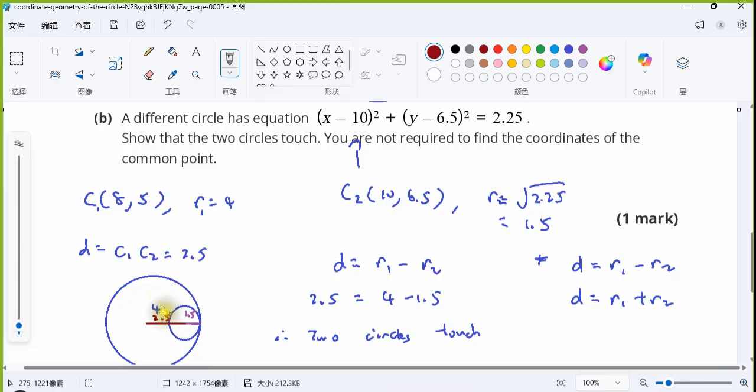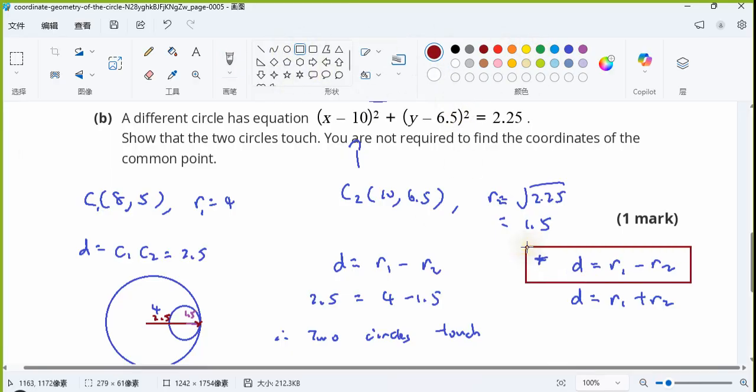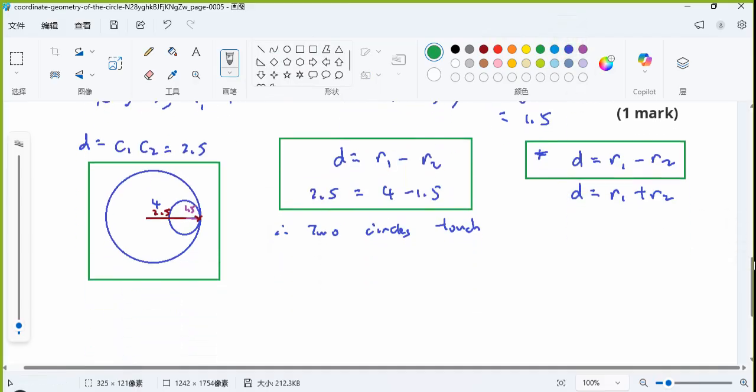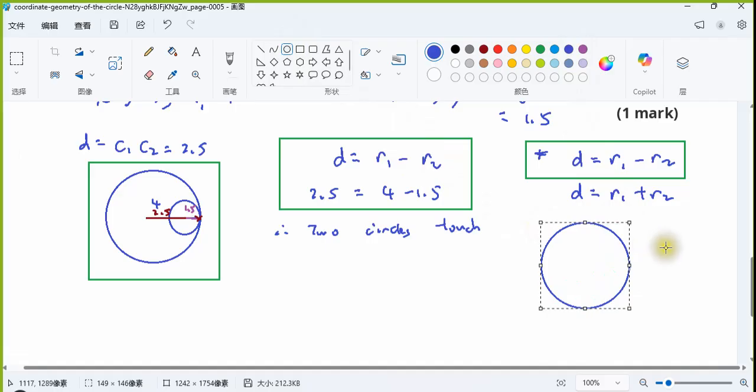So the distance is equal to 4 minus 1.5, and they touch here. For the second case, D equals R1 plus R2, it will be something like this.